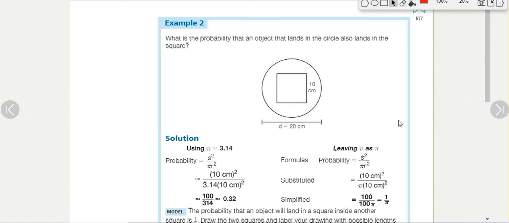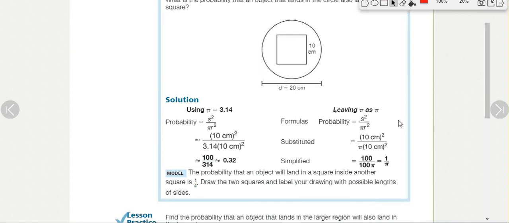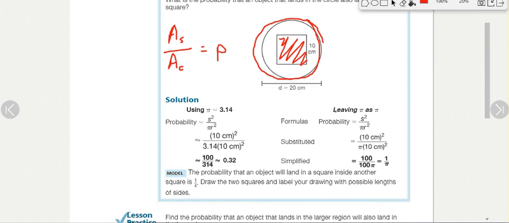Yes, but we're specifically talking this square region, 10 by 10 square. So basically, we want to know this compared to everything, which includes the square, but also includes the circle. So we want area of square compared to area of whole circle. That gives us our geometric probability, okay?